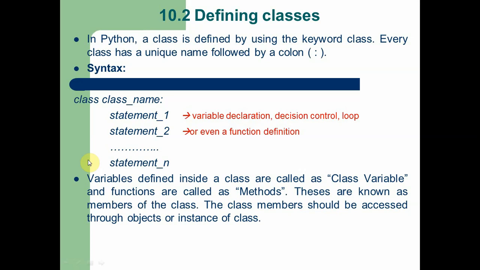Whatever function we declare inside the class is called a method. These, that is class variables and methods, are called members of the class. Each and every class variable and method defined inside the class can be accessed only through the object or instance of the class. So by creating an object only can we access these class variables and methods.